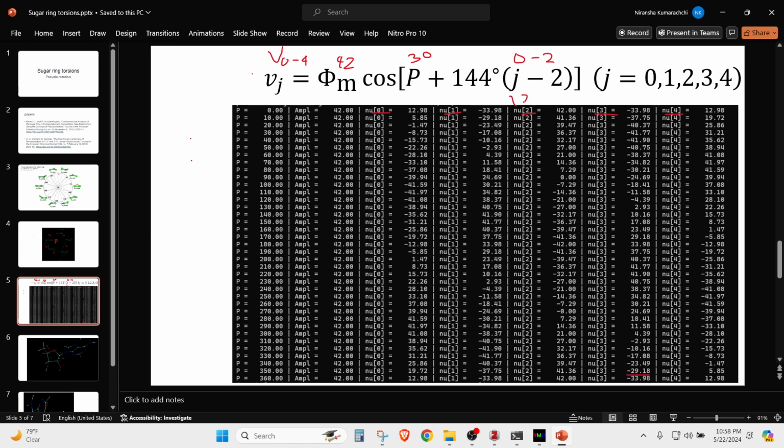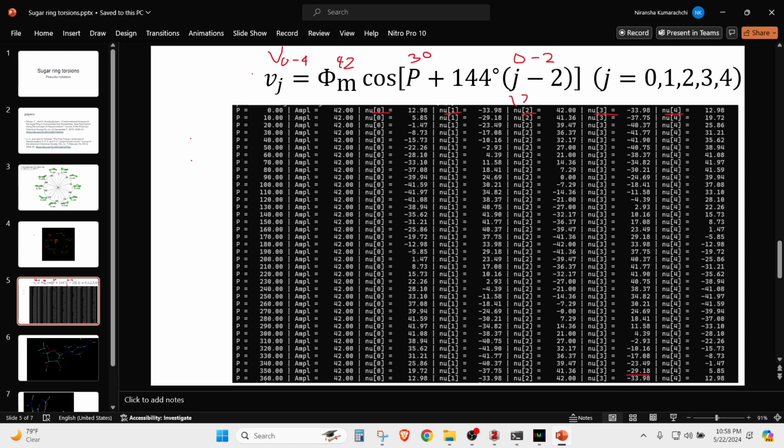And around here it is C3 endo, and if you see around P of 36, around 50, it will be C4 exo. It's the same definition in a beautiful way. So this is a P from 0 to 360, and we are going to see how this changes in 3 dimensions. Let's go.